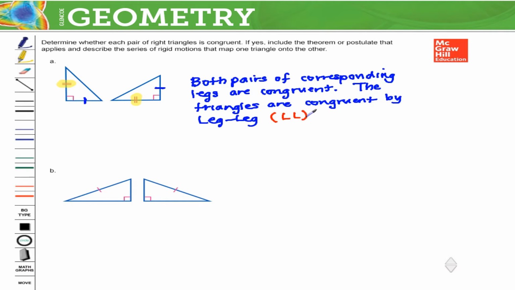The first triangle is mapped onto the other by a counterclockwise rotation of 90 degrees and a translation. So if you can picture a counterclockwise rotation of 90 degrees, it's as if this was falling.